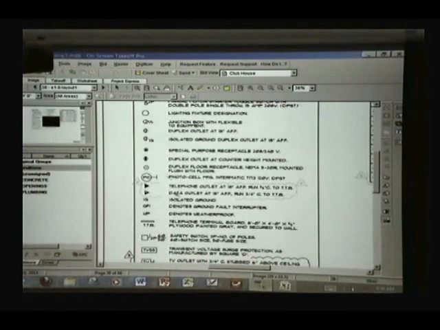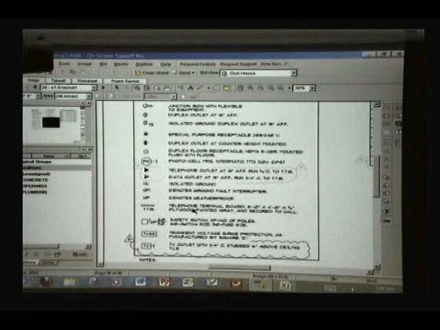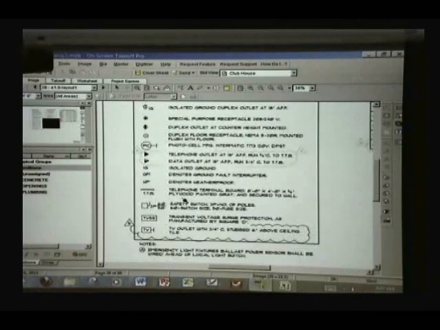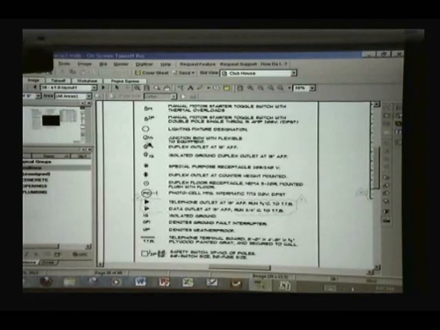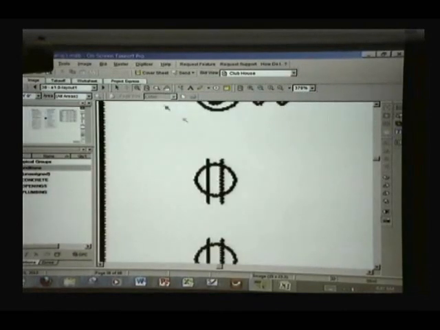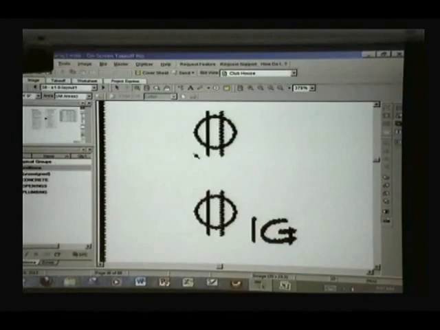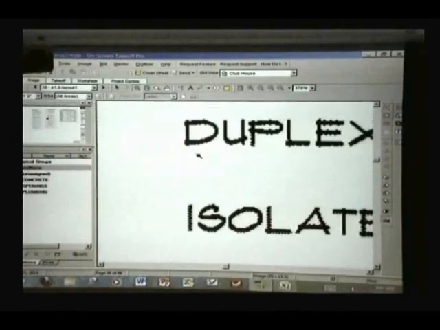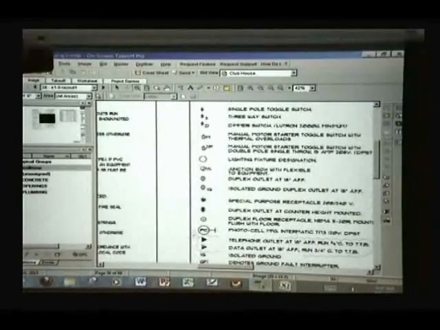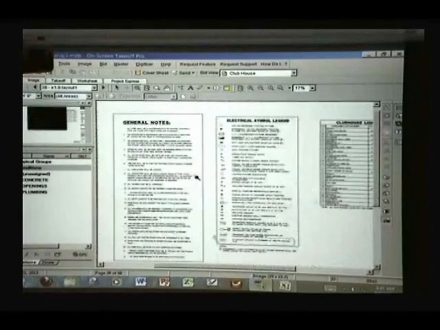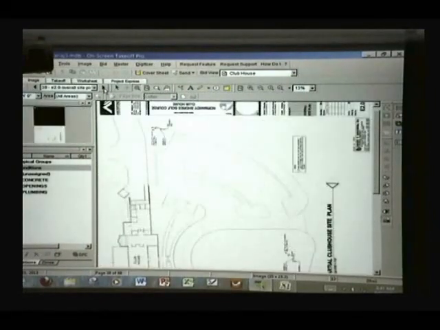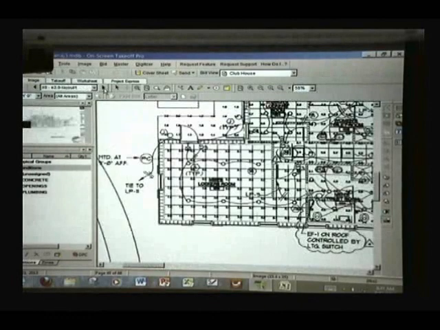And ground fault interrupter, GFI, we need to account for these also. Telephone terminals. Okay, so this is the symbol that we'll be looking for, the duplex receptacle. All right, so that's our legend. Then we'll go to the actual layout.